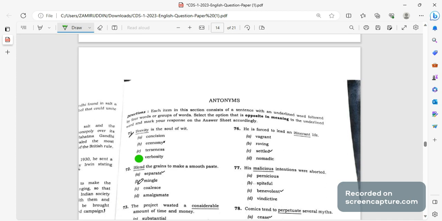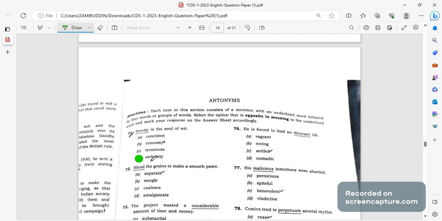Verbose is something, verbosity. So verbosity मतलब कह सकते हैं यूजिंग और कंटेनिंग मोर वर्ड्स देन आर नीडेड. तो हम इसको वैसे समझ सकते हैं, वर्बोसिटी मतलब जितना मीनिंग है उससे ज्यादा वर्ड्स.